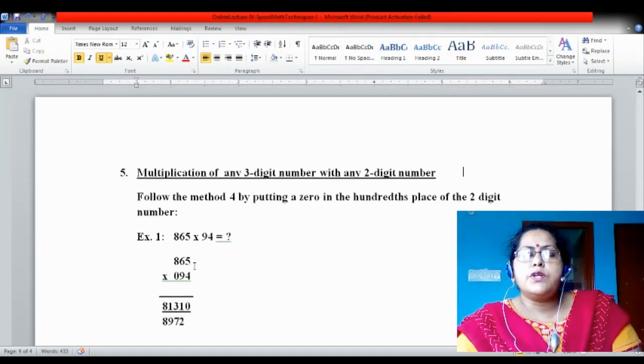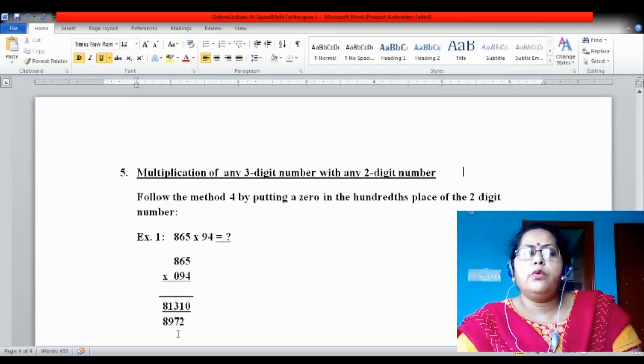So 5 into 4, 20, so it's 0 over here and 2 kept down. Next is the units and the tens place, so it's 9 into 5, 45 plus 24, so it's 69 with a 2 added, 71, so it's 1 and 7 comes down.